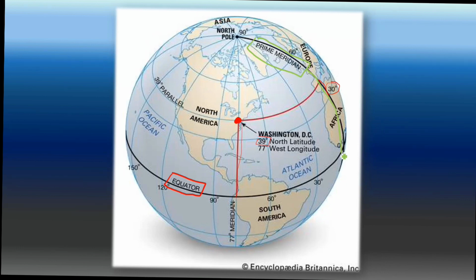From the prime meridian going to the meridian that passes through Washington, D.C., if this is 0 degrees, 30, 60, then this is 90 degrees. So it is in between 60 degrees and 90 degrees. If we measure the angular distance here, it is 77 degrees west.